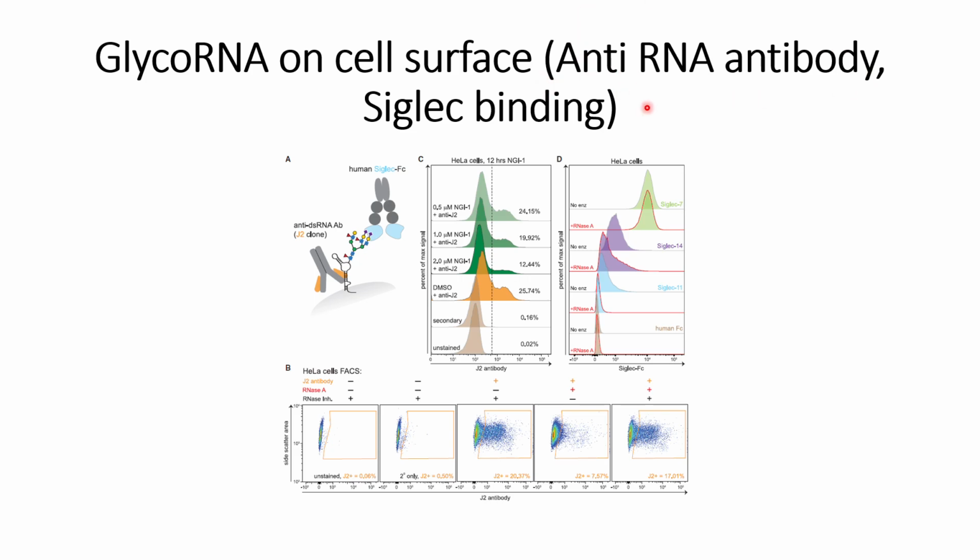This is the anti-RNA antibody, or more specifically the J2 antibody. The function of this J2 antibody is that it will bind to the double-stranded site of the RNA, or the site of the RNA that is prone to double-stranded bonding, and the RNA should be greater than 40 base pairs.